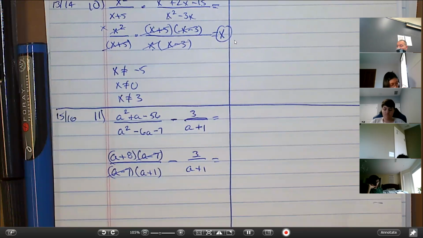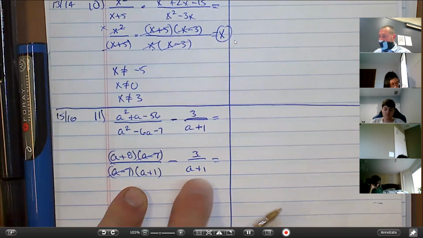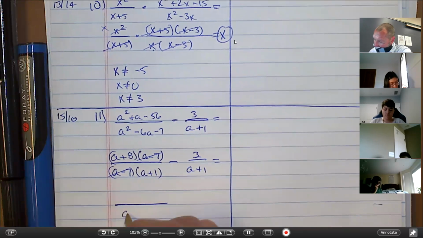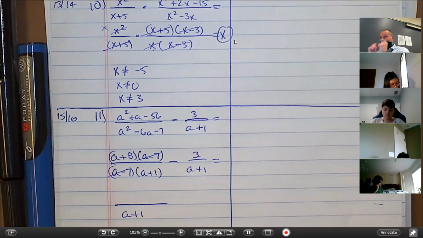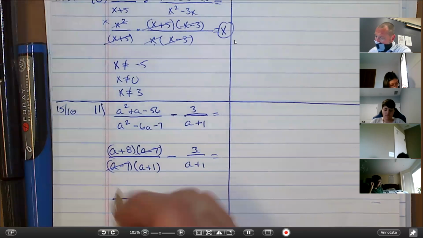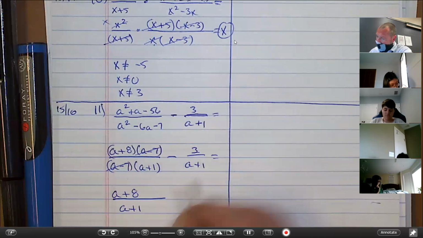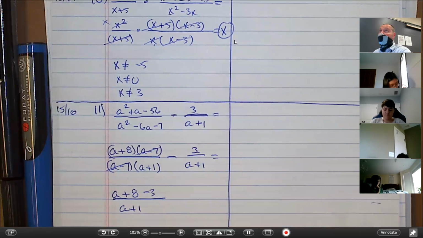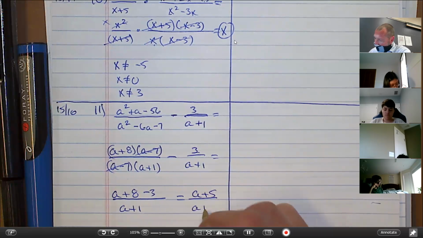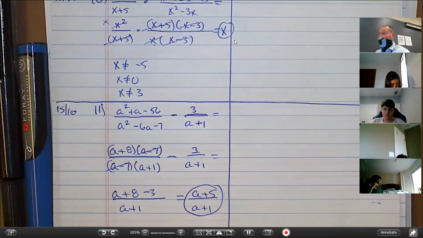And then I already have a common denominator. The common denominator is a plus 1. So when I get my final answer, a plus 1 is going to be the denominator. In the top, I have a plus 8 minus 3, which of course, written a little bit better, becomes a plus 5 over a plus 1.